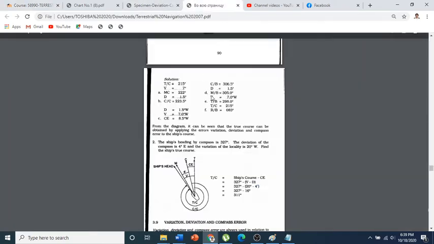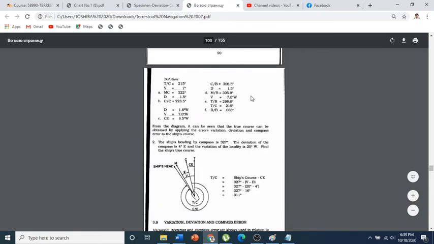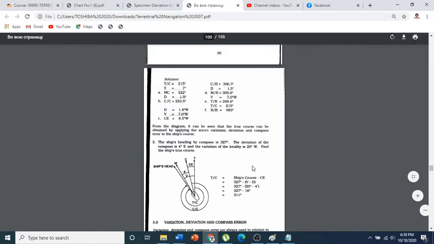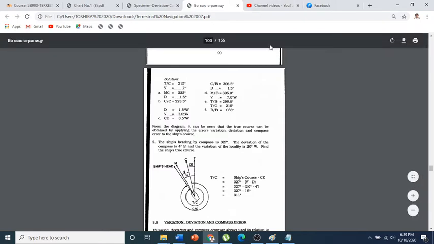Download it and go to page 90. The problem is almost the same, and this is how you calculate. As I mentioned before, going compass to true is "Can Dad Vote Twice at Election", and true to compass is "True Virgins Make Dull Company Add Whiskey". In this case, we're finding the true, so we use "Can Dad Vote Twice at Election". The concept is almost the same here.